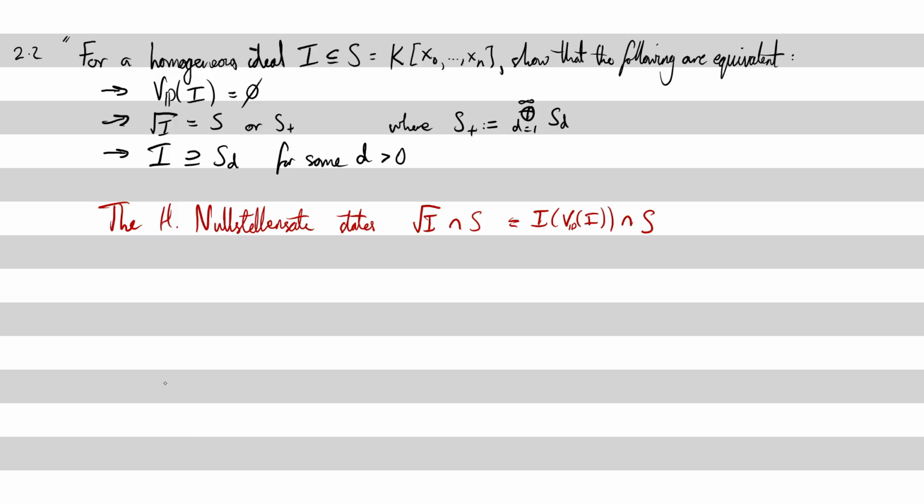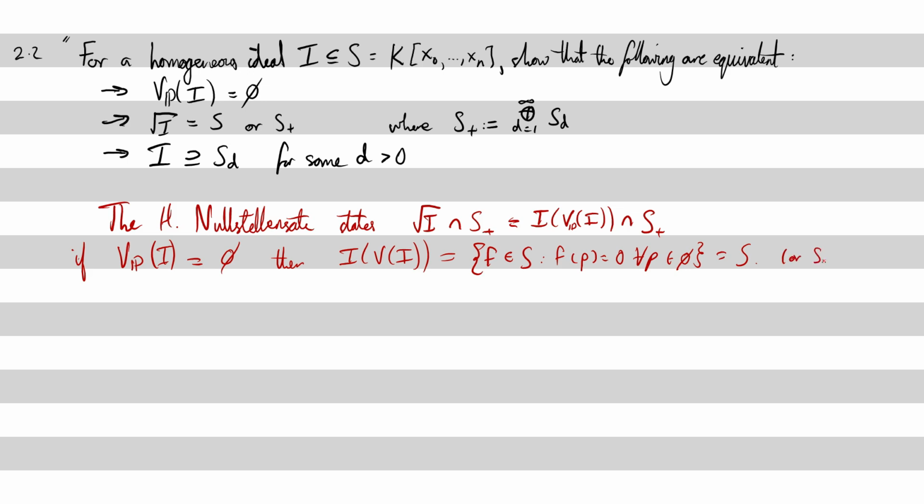Now, if the projective vanishing set of I is equal to the empty set, then I of V of I is equal to, well, it's all functions such that f of p equals 0 for all p in the empty set, which is S or S plus.